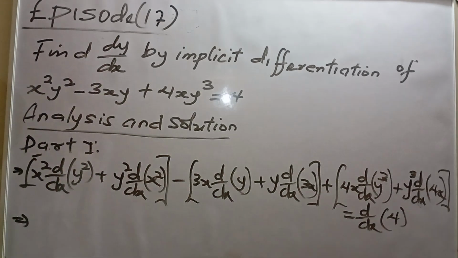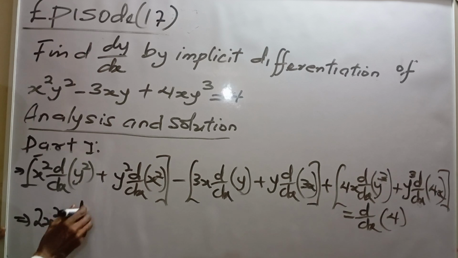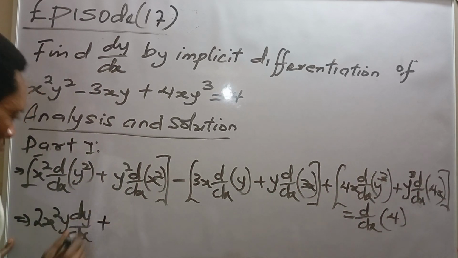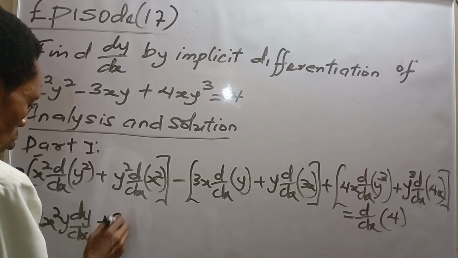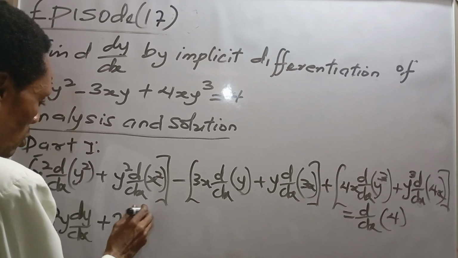So for us to differentiate this, we now have something like 2s squared y, then dy/ds, because we are differentiating y. To differentiate this one, I will have 2s, then y squared.